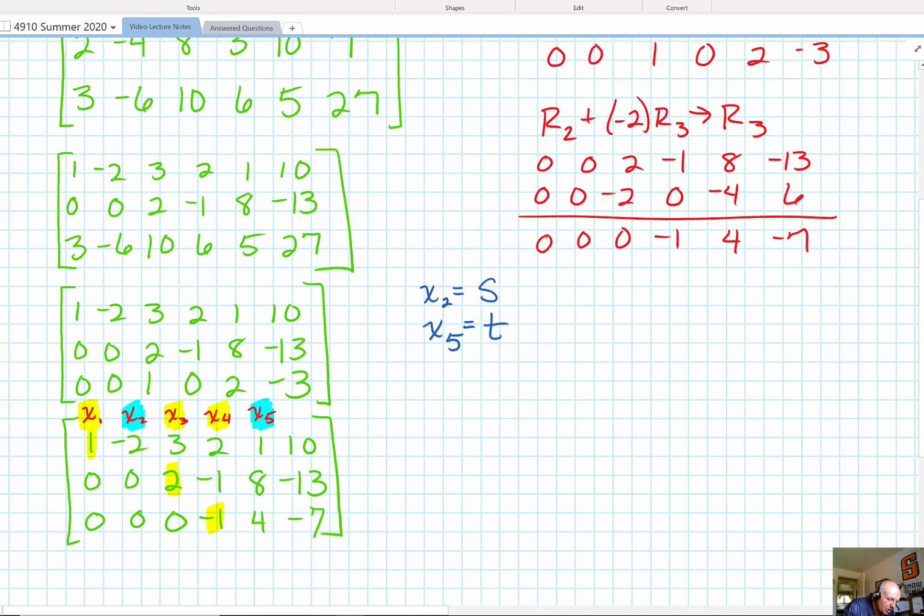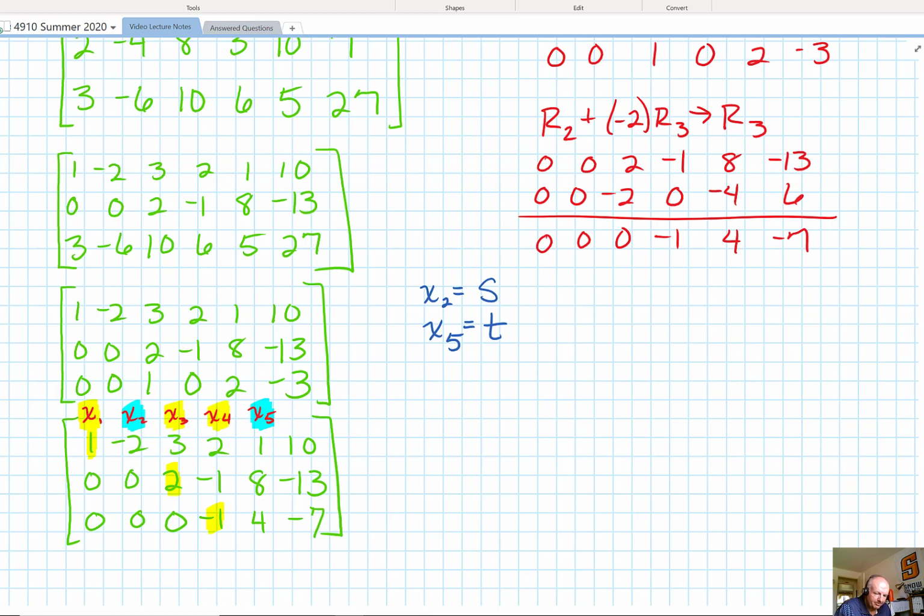Now we've done this before when we had an infinite number of solutions. We assigned a parameter to one of the variables. But now we have two free variables, so each of them gets a parameter. That means they get to be anything they want. Then we use back substitution to figure out what everything else needs to be.